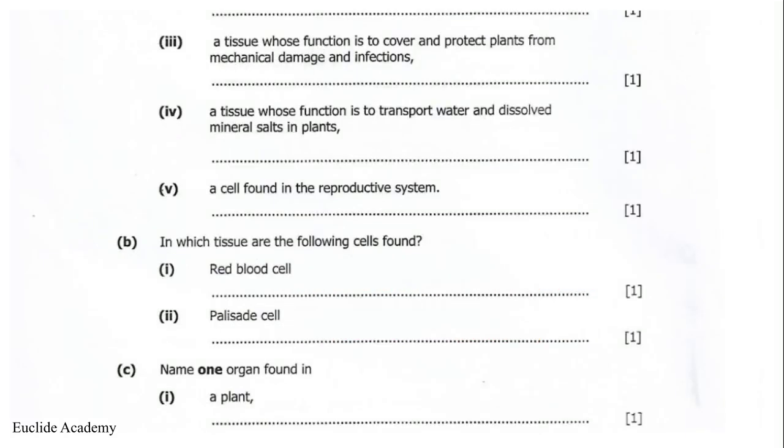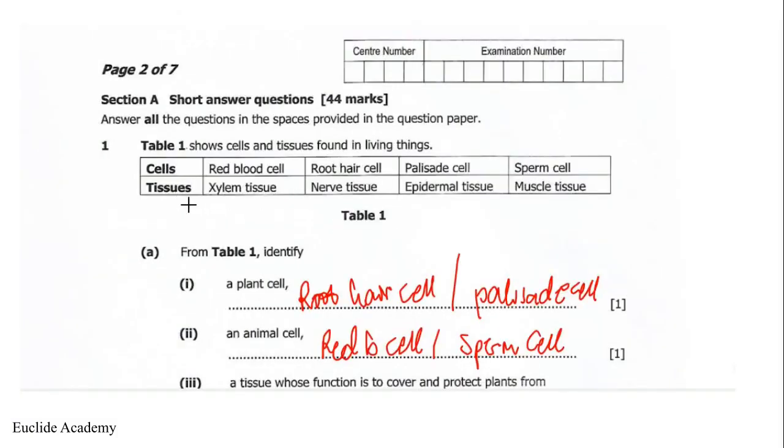A tissue whose function is to cover and protect plants from mechanical damage and infections. If we look back at the table, we have tissues down here. We are not going to look at the cells row because we are talking about tissues. The xylem tissue doesn't cover the plant. It is inside and deals with transportation.